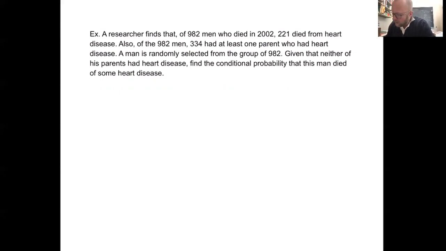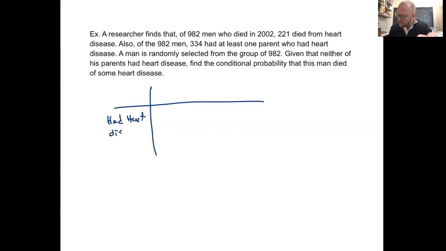All right, so I'm going to try to lay this out in a table. And so here I'm going to say had heart disease. Should probably phrase that stronger, because it wasn't just that they had heart disease, but they died from it.